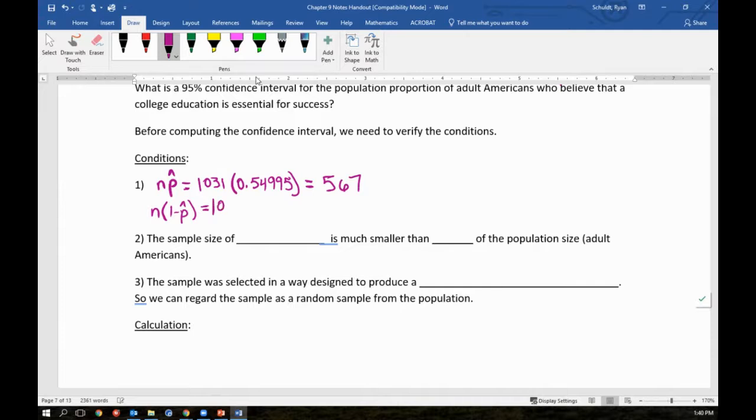Okay, so 1031 times 1 minus 0.54995, is that 464? Are both of these greater than or equal to 10? Yep. So what's it safe to assume? It is safe to assume normality.